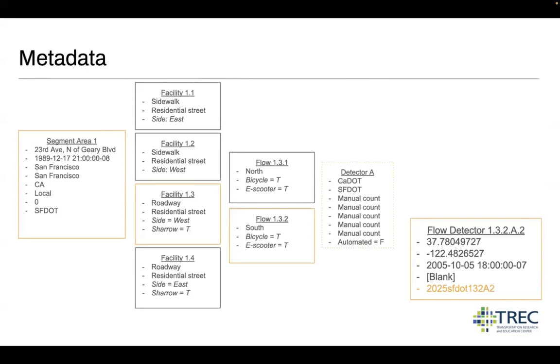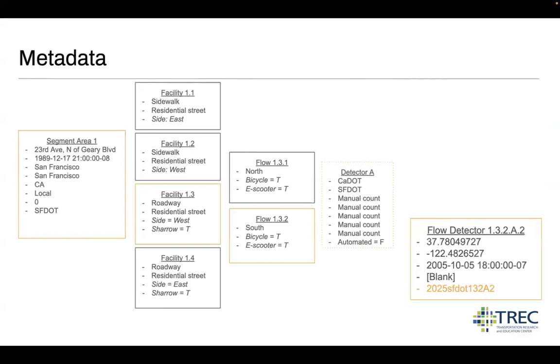So here we have an example of two flow detectors to one segment area. This would be two of the many distinct observations at one location. So you would have many rows of data or metadata in your final file. For each flow detector, there is a unique meta ID down here. This ID is unique and will be used as a key for the count data.